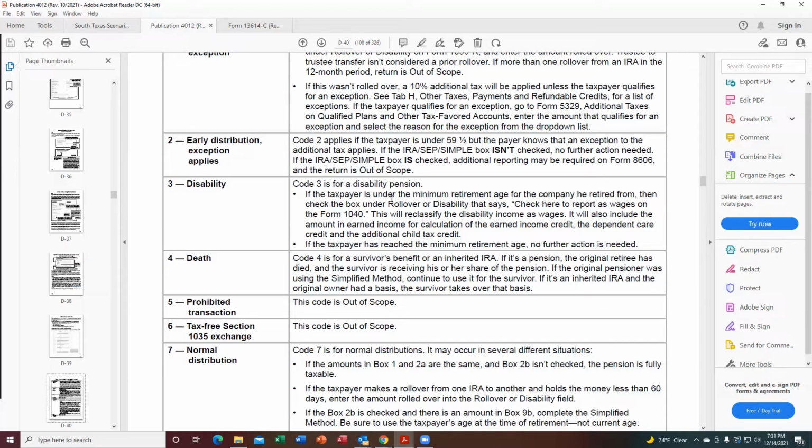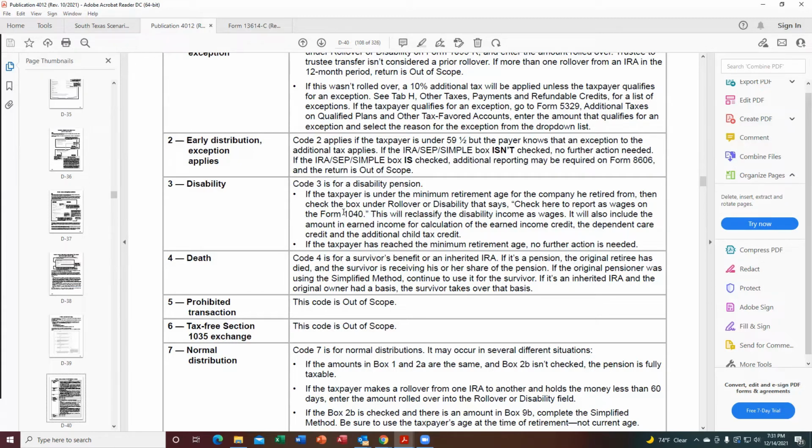If the taxpayer is under the minimum retirement age for the company he retired from, then check the box under the rollover disability that says check here to report his wages on his form 1040. This will reclassify the disability income as wages, and it will also include the amount in earned income for calculation of the earned income credit, the dependent care credit, and the additional child tax credit.